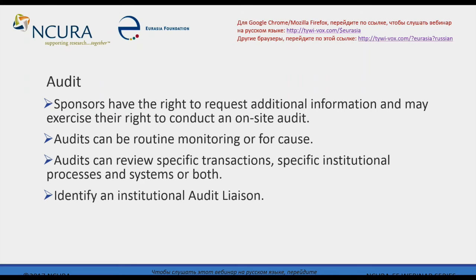It's important to identify an institutional audit liaison. This is a staff person at your institution who's the primary point of contact for the auditors and who can organize the work within your institution to respond to the auditor's requests. Auditors typically require a lot of documentation.